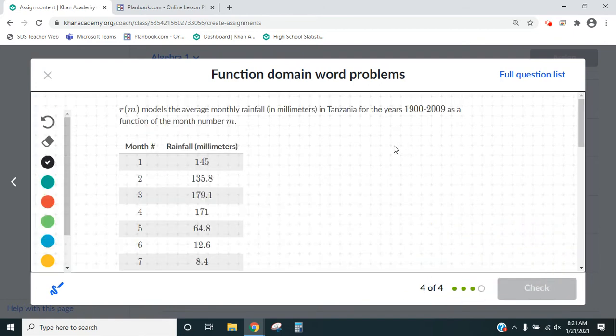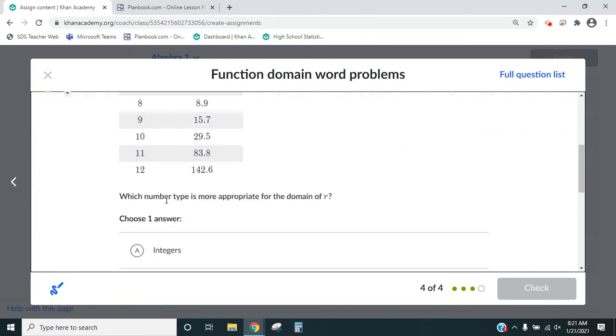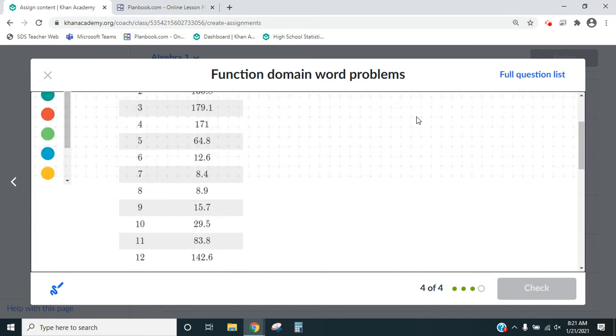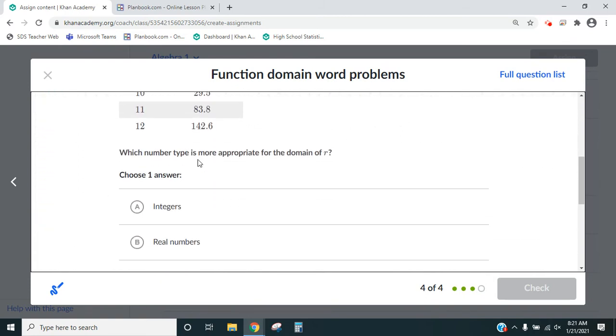All right, here's another one. Which type of number is more appropriate for the domain of R? Let's go back up. Domain is on the inside. What is M? Months.